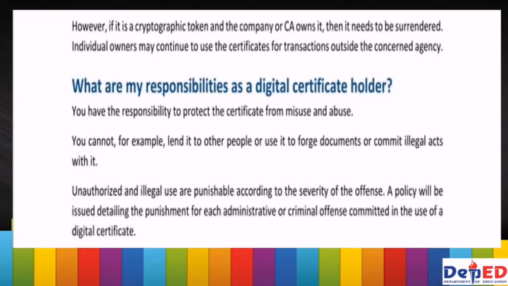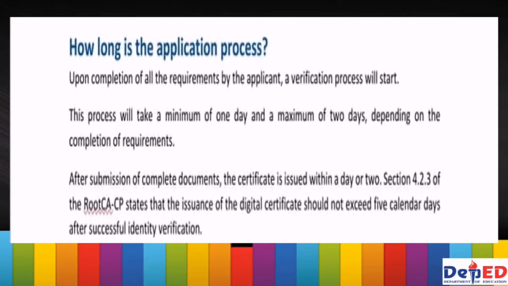digital certificate. The next question is, how long is the application process? The answer is, upon completion of all the requirements by the applicant, a verification process will start. This process will take a minimum of 1 day and a maximum of 2 days, depending on the completion of requirements.